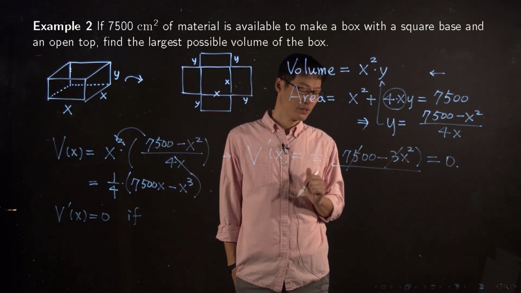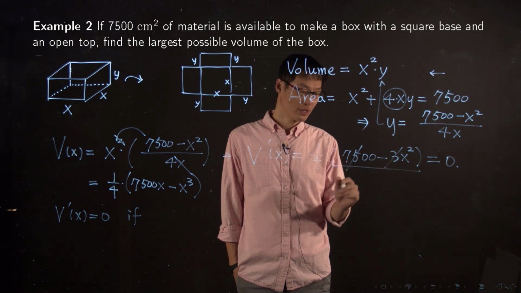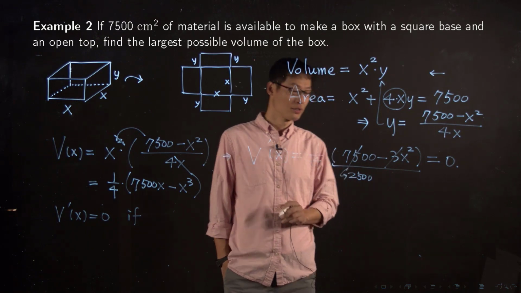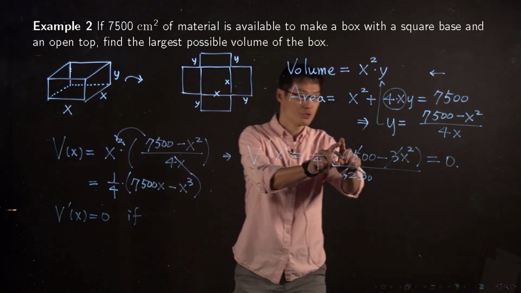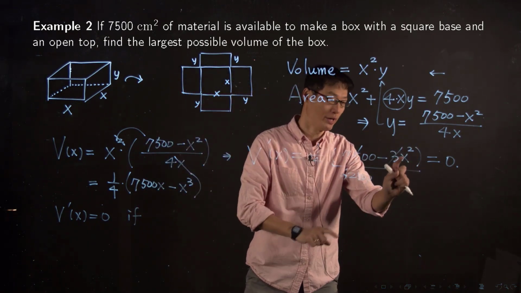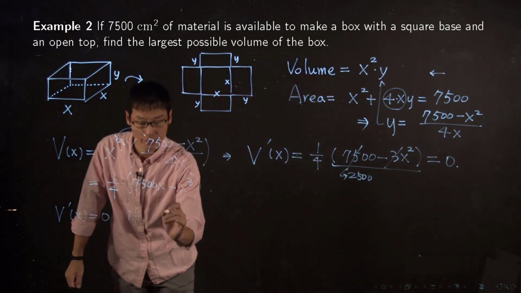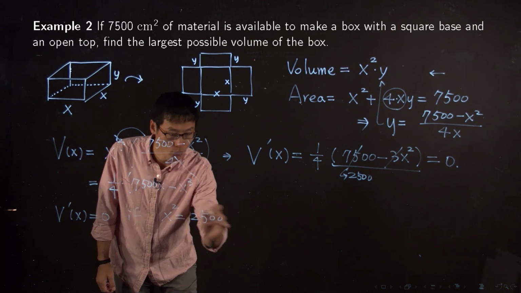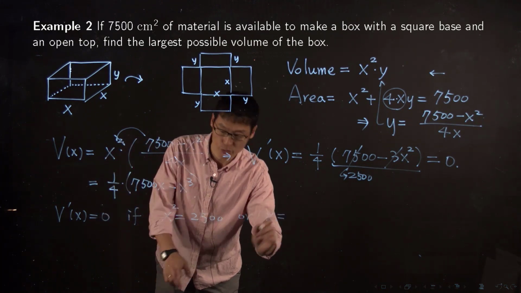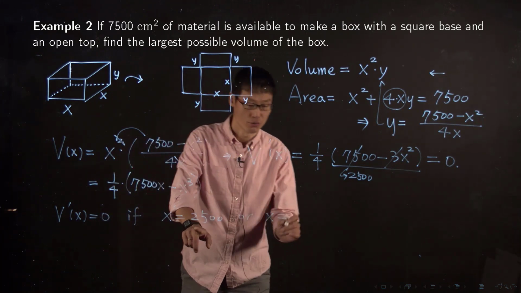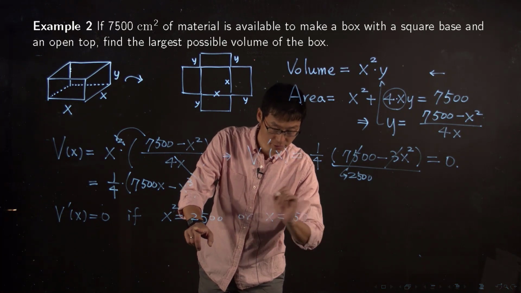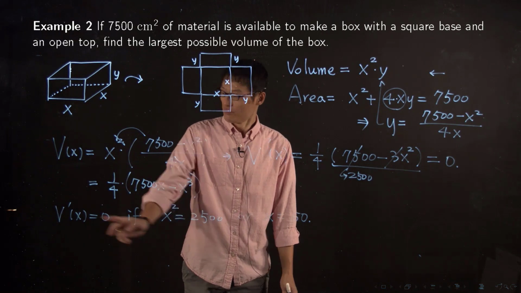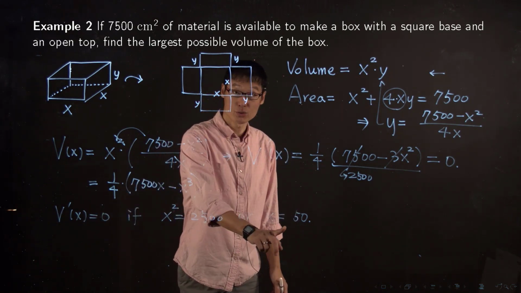When you divide it by 3, we have 2,500. So this becomes 0 if and only if x squared is 2,500, or x is, well, the square root of 2,500, which is 50. Good. So we know v prime becomes 0 when x equals 50.